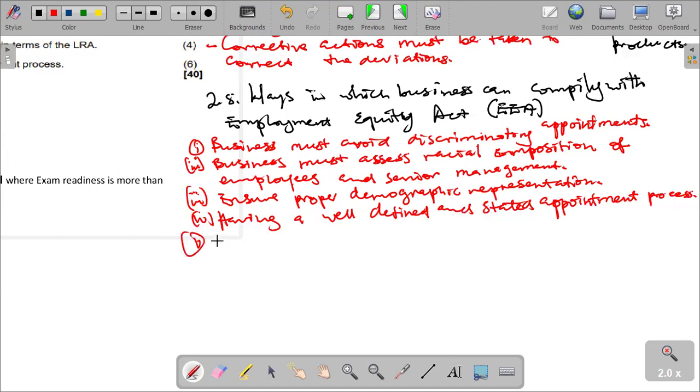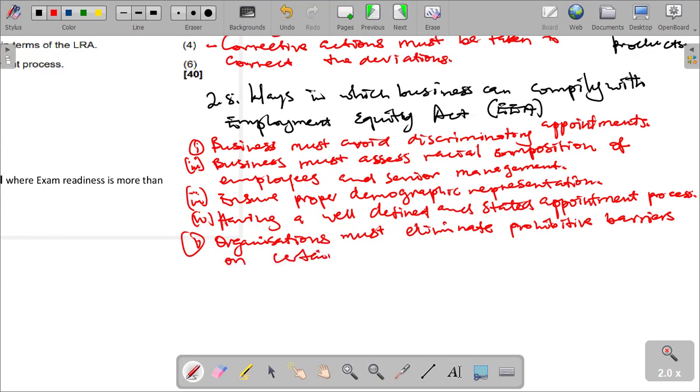Organizations must eliminate prohibitive barriers on certain groups of people, putting in place measures that eliminate prohibitive barriers that have got problems on certain groups of people.